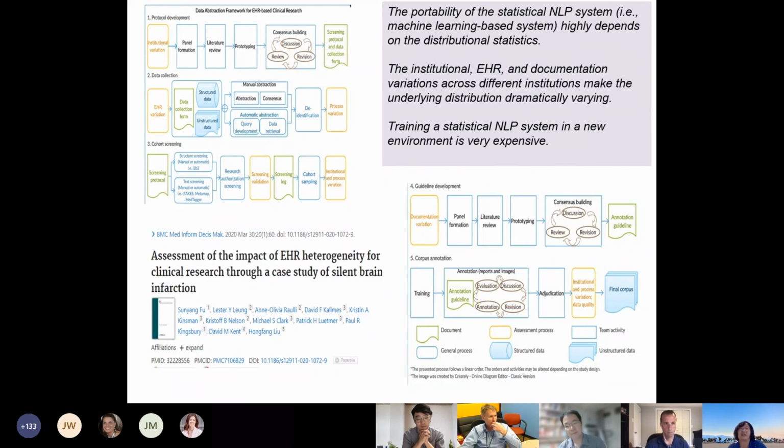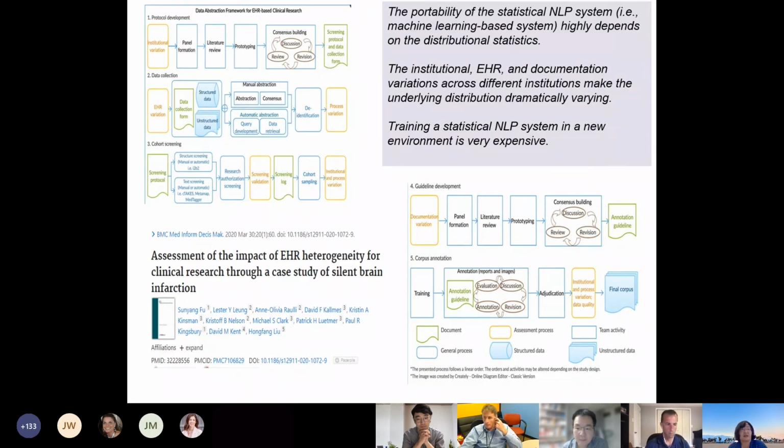Of course, the sharing of those data is also not enabled. We also noticed significant variation in documentation, and that training a statistical NLP system in a new institution can be quite expensive.